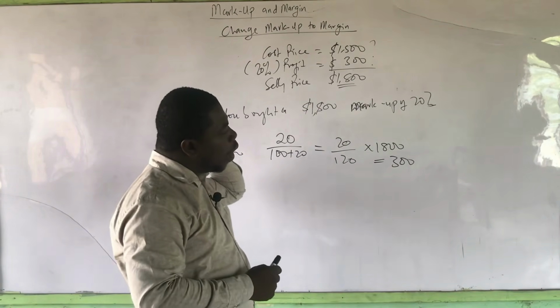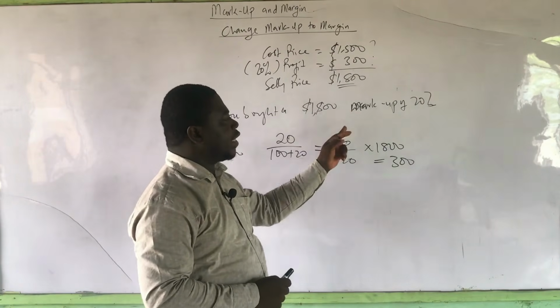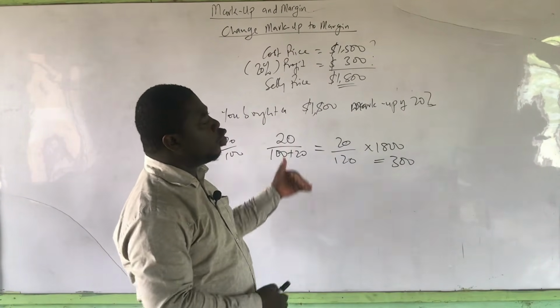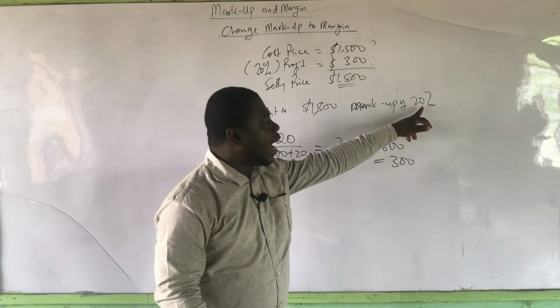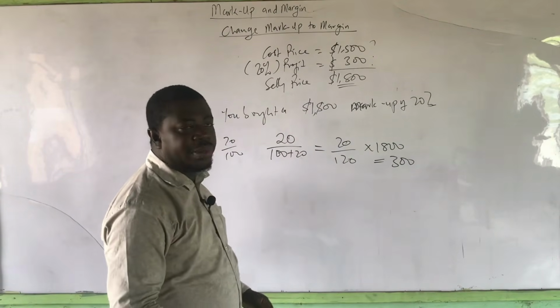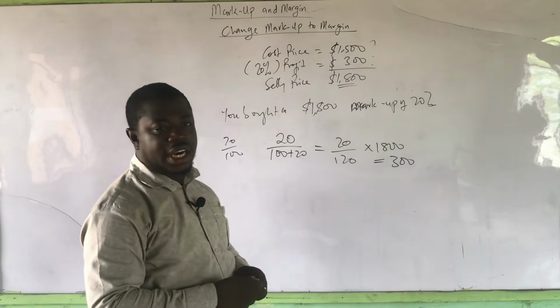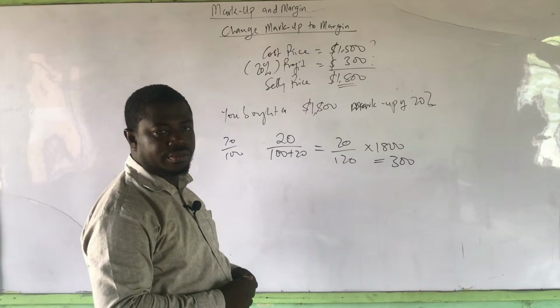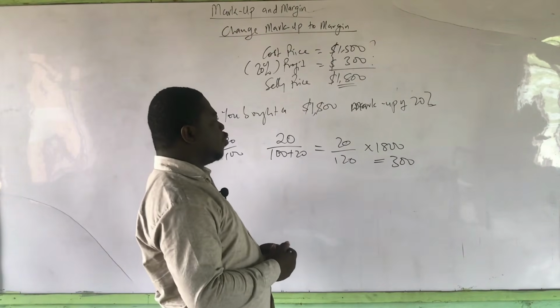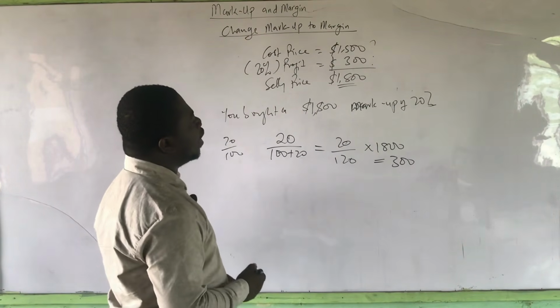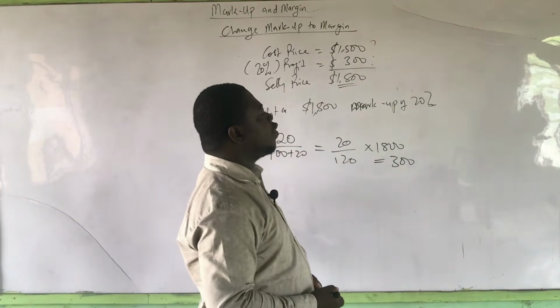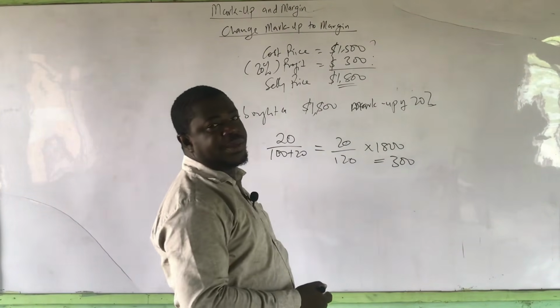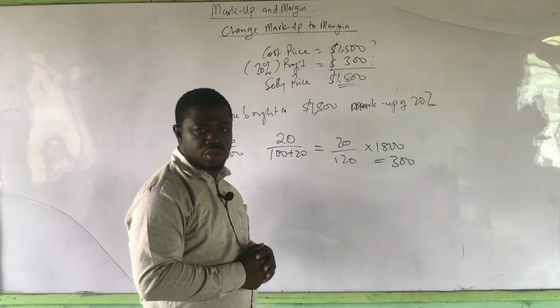So anytime you are given a selling price and a markup, please make sure you convert it into a fraction, add the numerator to your denominator before you are able to calculate to get a correct profit. Let us also assume that we were given the 1,500 as the cost to apply the margin of 20%. Then we'll be good to go.